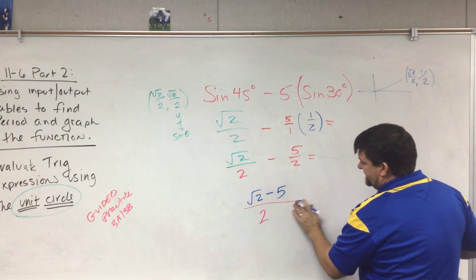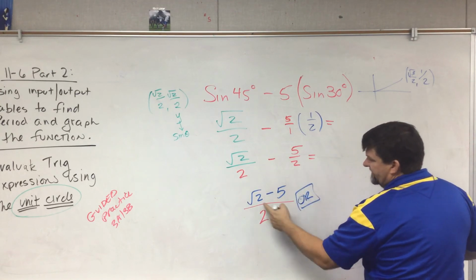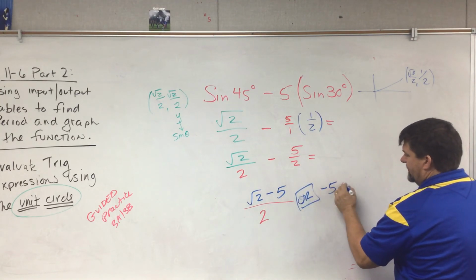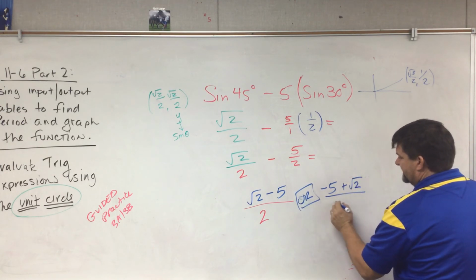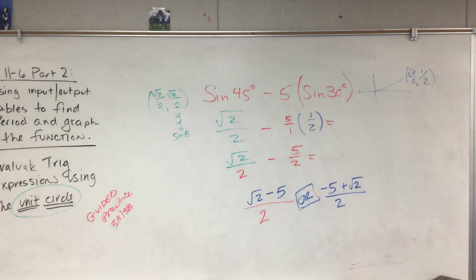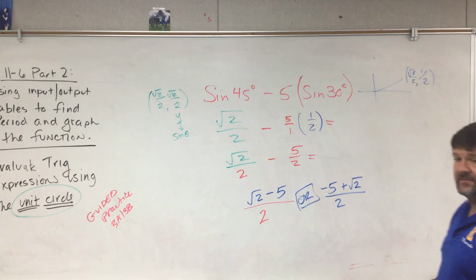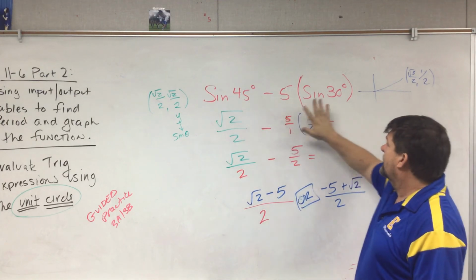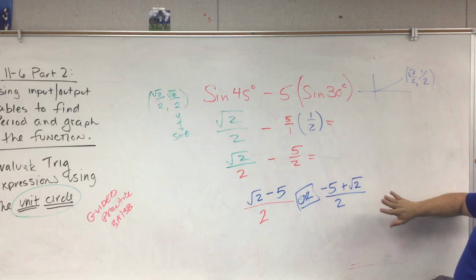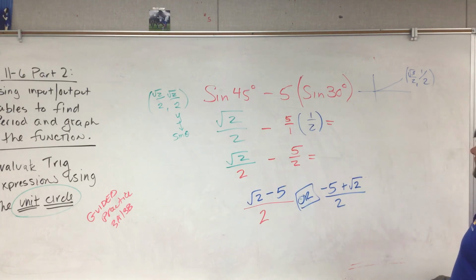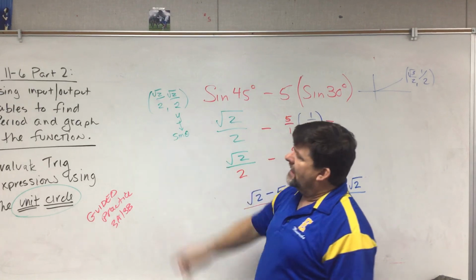And you may see an equivalent answer, which is an or: that answer or I just rearrange it, and you may see this in certain types of situations. That and that are the same thing. So either answer is acceptable. Just use your unit circle, set up the fractions, subtract the fractions, and you'll be able to tackle your answers from there. That's how we evaluate trig expressions using the unit circle.